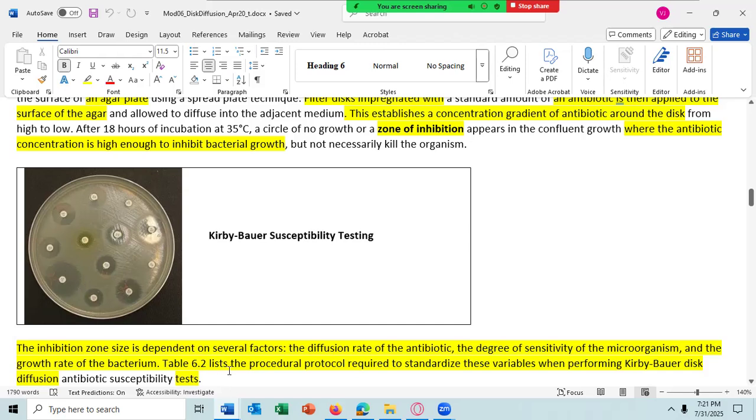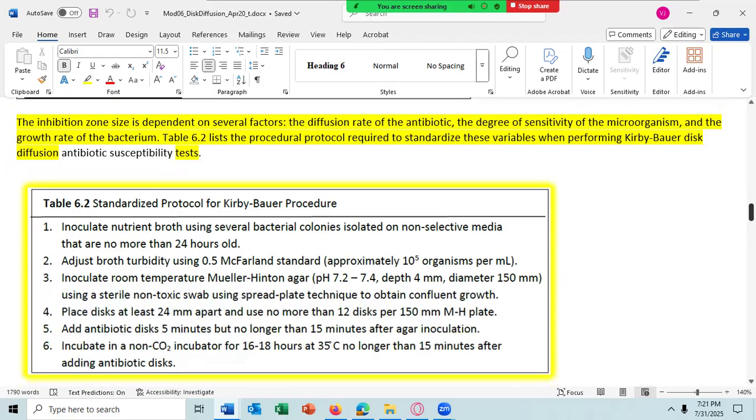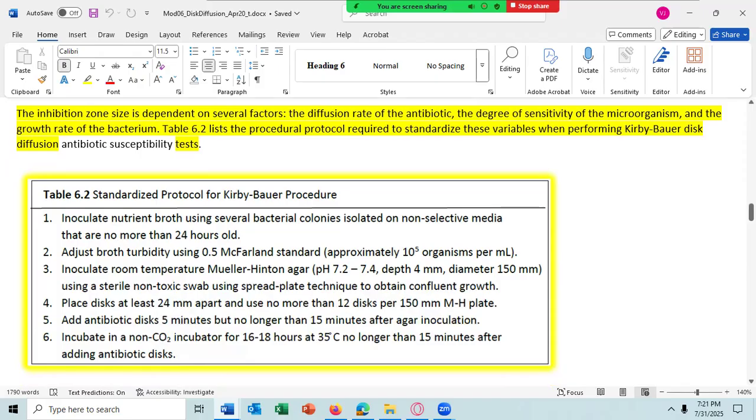So when we do the Kirby-Bauer test method, we have to standardize the test method. And here are several standardizations of the Kirby-Bauer test. First, you inoculate the nutrient broth that you grow to inoculate the plate with the bacteria.